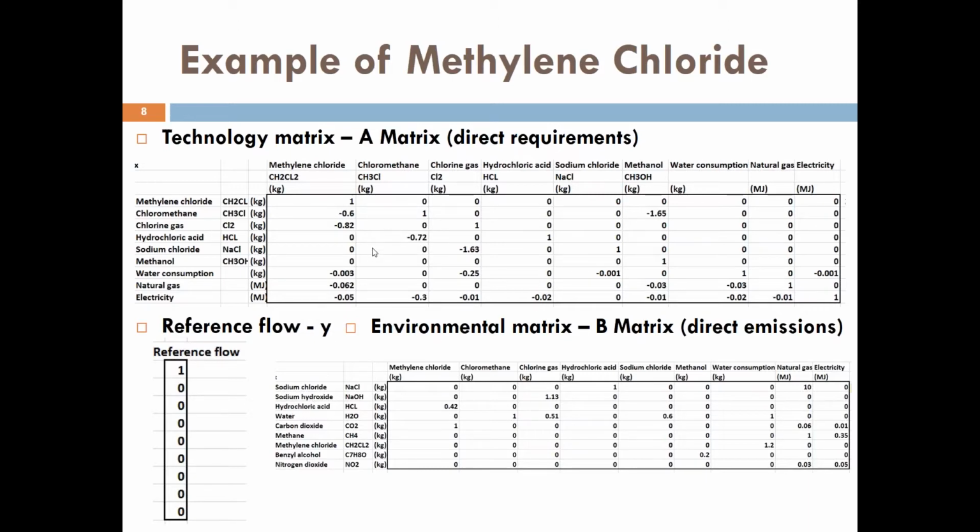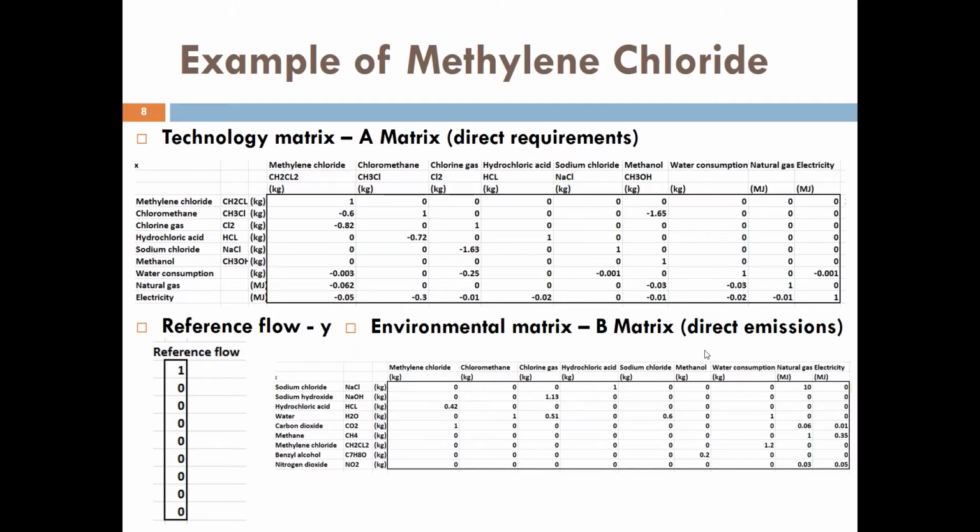Because as we will see, this is in a sense a balancing equation, using which we will generate the lifecycle inventory. What we also need is what is called the reference flow vector, which shows 1 for the target chemical of interest, in this case methylene chloride. So methylene chloride is turned on as 1 over here, top, and all the rest is 0.